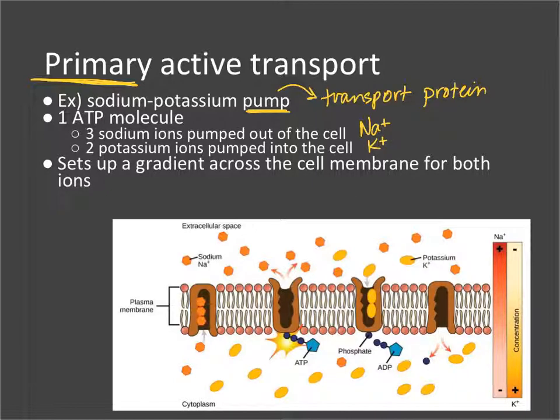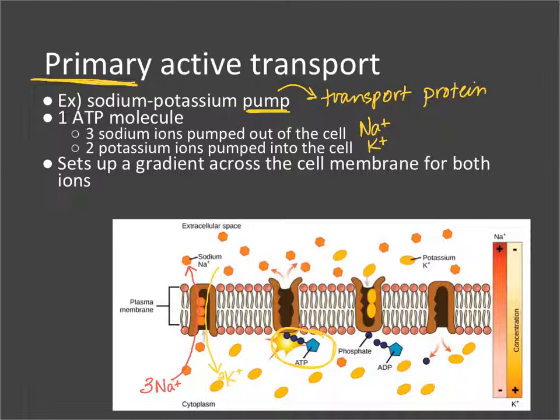And if we look at our example here, for each ATP molecule that is expended in this process, there are going to be 3 sodium ions that are transported in one direction across the cell. And there are going to be 2 potassiums that are transported in the opposite direction.